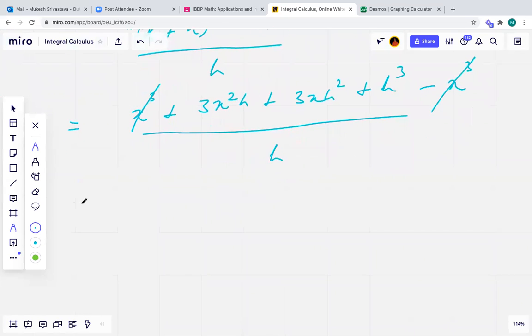That's equal to, I can take h common, h into 3x square plus 3xh plus h square.